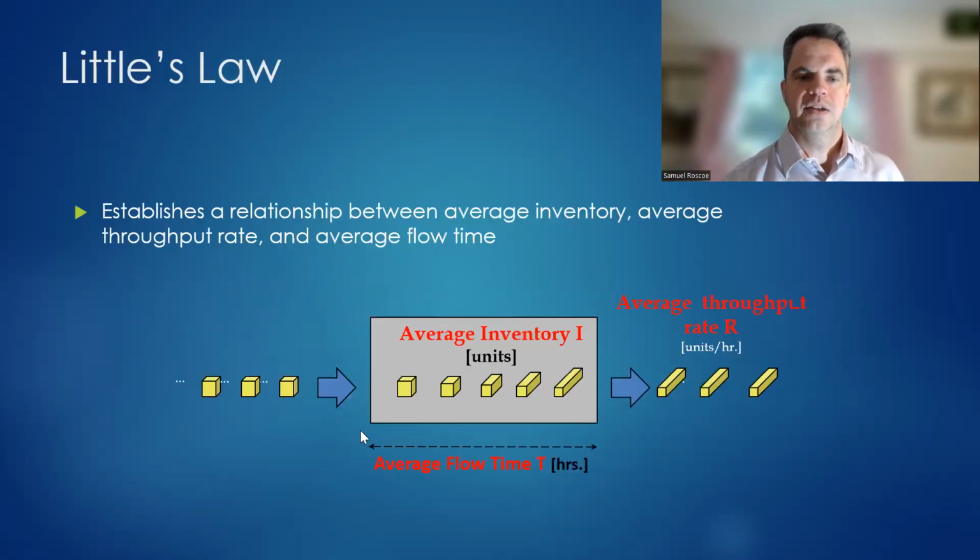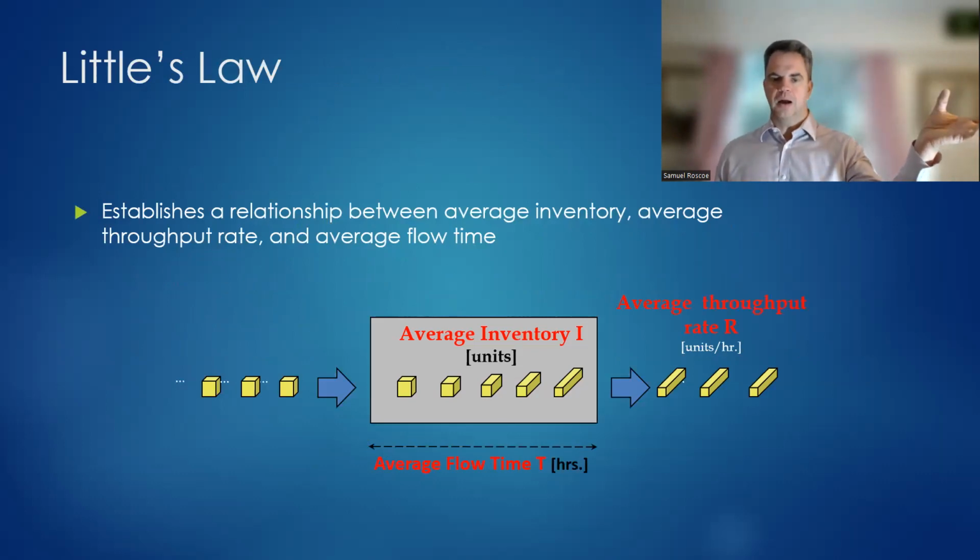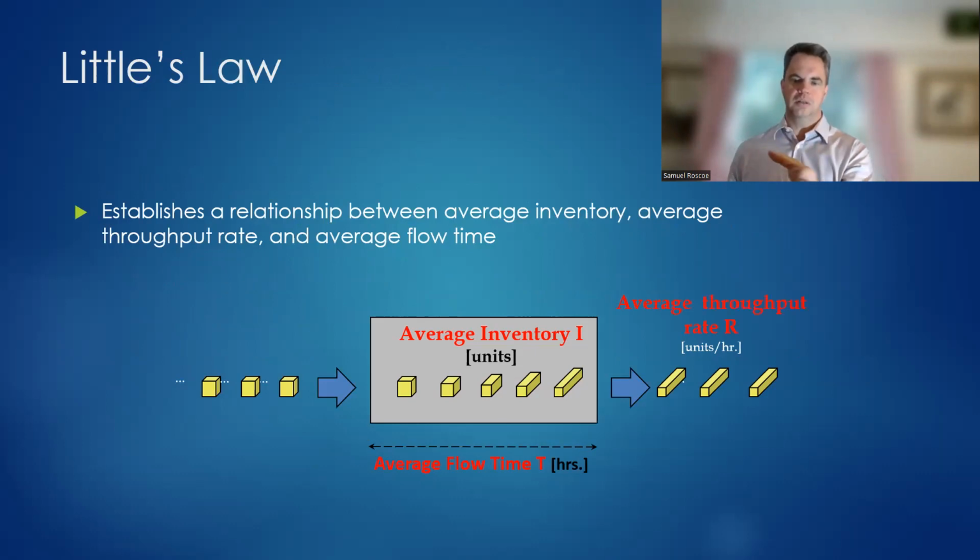Okay, so just to give you an example here, we have the inputs, let's say semi-finished products coming onto a production line. Within that actual operation, you have the flow time of your operation. That is where you have this work in progress inventory that is being worked on. And then coming out of that, you have this average throughput rate where products are basically being made.